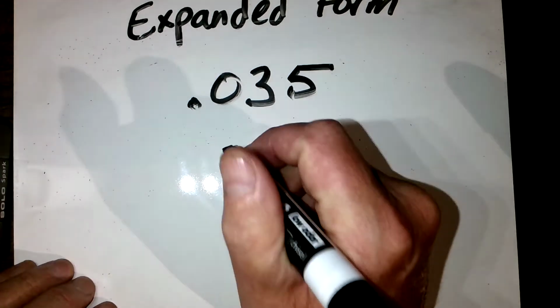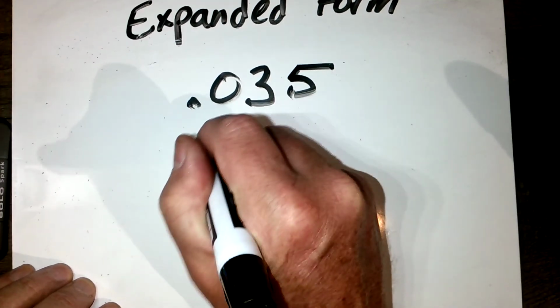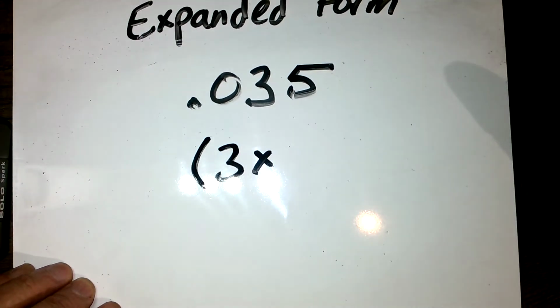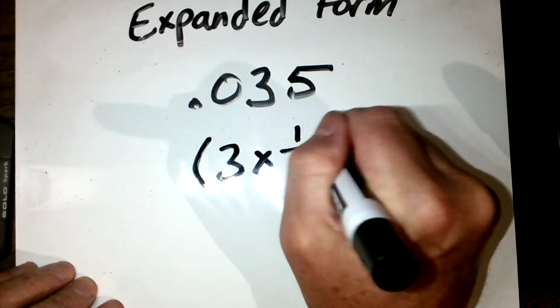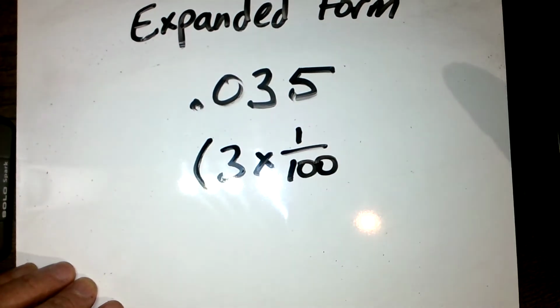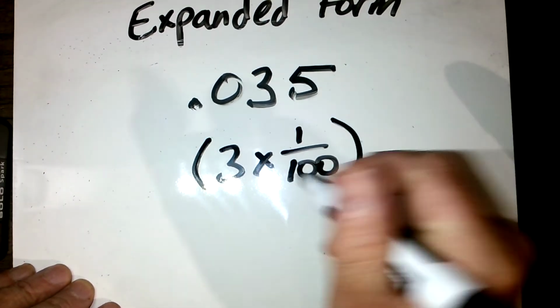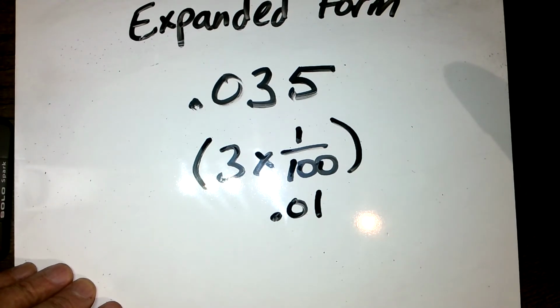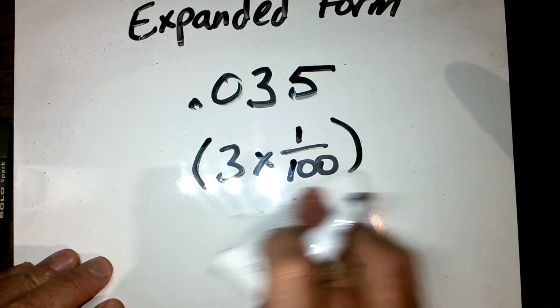All right, let's do this now. 3, and what place is that in? Well, it's in the hundredths place. We don't have any tenths, so 3 times 1/100. If you wanted to, you could also write 0.01 instead of the fraction. I'm going to stick with the fraction on this one.